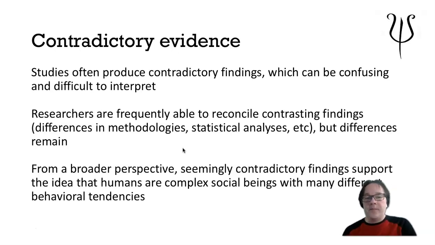So researchers are frequently able to reconcile these different findings. We could do that by taking a look at the methodologies that were used. So maybe these two studies on the same topic are showing different results because they used a different way of measuring their dependent variable, or maybe they manipulated the independent variable differently, or maybe this study failed to include an important confounding or mitigating variable, right?